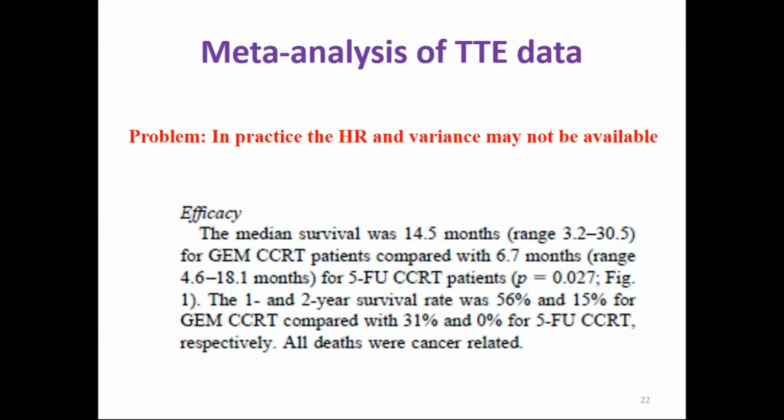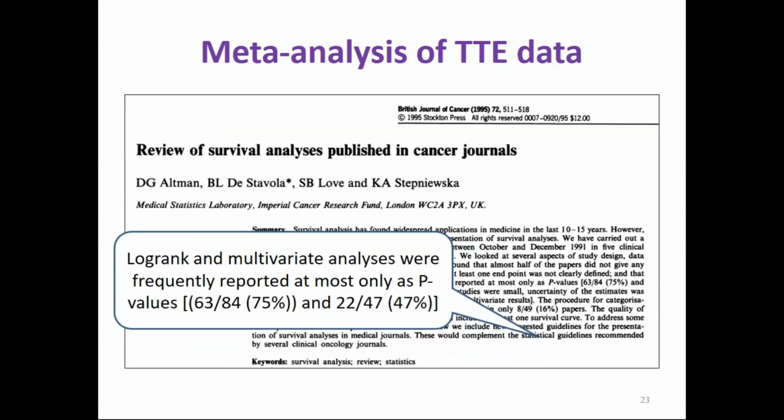There's a p-value of 0.027 and reference to a figure which is the Kaplan-Meier curve. Then they present 1 and 2 year survival rates for the 2 groups, and then finally tell us that all deaths were cancer related. So there is some information there, but it doesn't tell us what the hazard ratio is, and we can't easily extract the variance from that information.